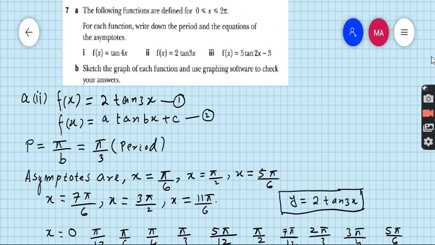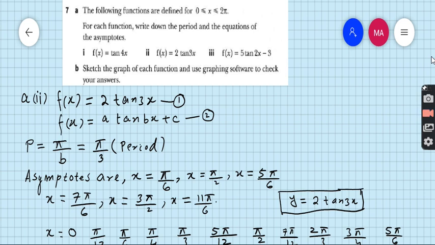What is the requirement of the question? Read part A of question number 7. The following functions are defined for 0 to 2 pi. This is the domain of the function. For each function, write down the period and the equations of the asymptotes. What is the period? The length of time after which the graph repeats itself.